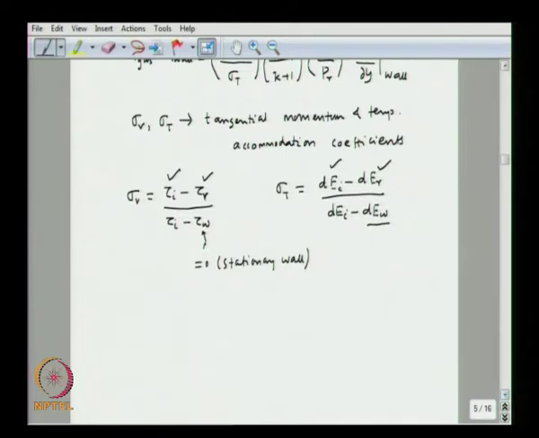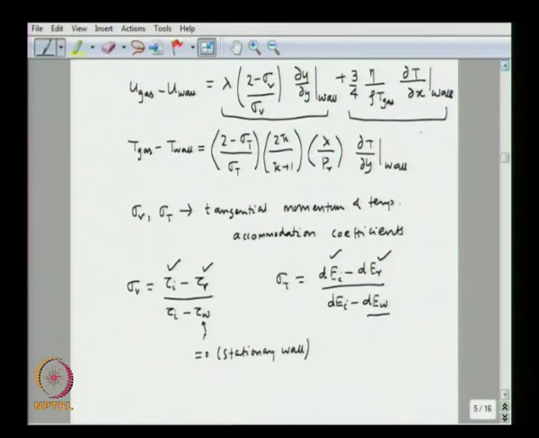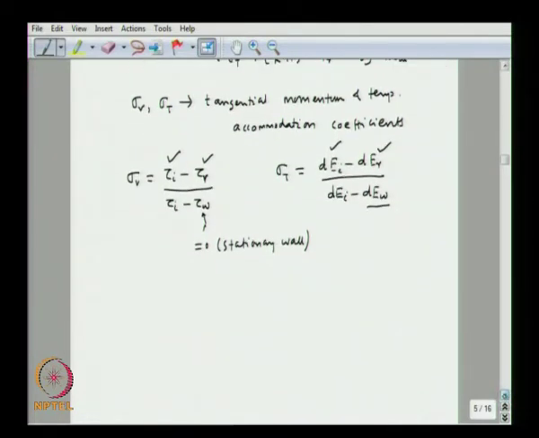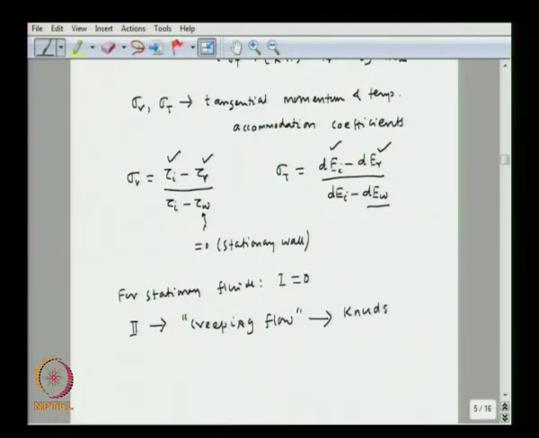Calling this the second term and this the first term, for stationary fluids term 1 is 0 and term 2 in that case gives what is called creeping flow, and it is possible to develop pumping action using creeping flow, which would be known as a Knudsen pump.